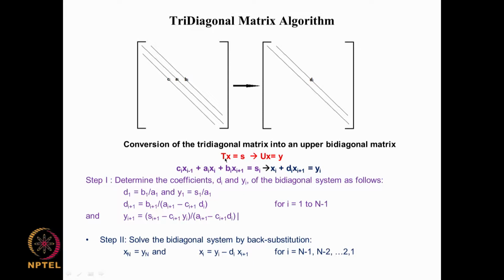So the transformation of Tx equal to S to Ux equal to Y gives a coefficient matrix like this, which can be solved through successive substitution. It is a specialized substitution in which any equation here is of the form xi plus di x(i+1) equal to yi, so there are only two variables.